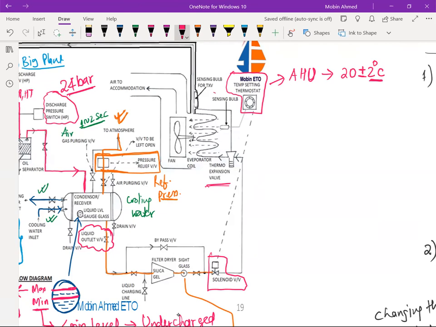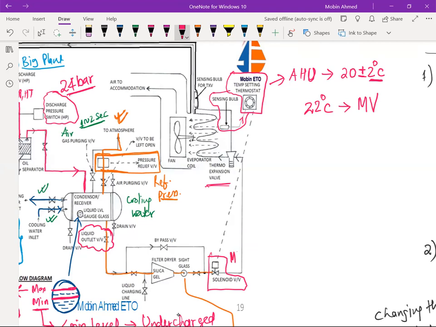There is a sensor. You can see this sensor fitted to this valve. There is a temperature sensing bulb. This bulb is going to send the current temperature of the air, the inlet air, the incoming air. Now, if the incoming air temperature is 22 degrees centigrade, then it will switch on the solenoid valve, which is also known as a magnetic valve, MV.